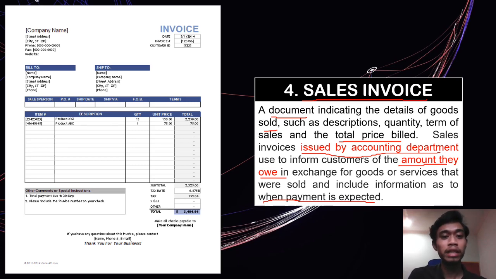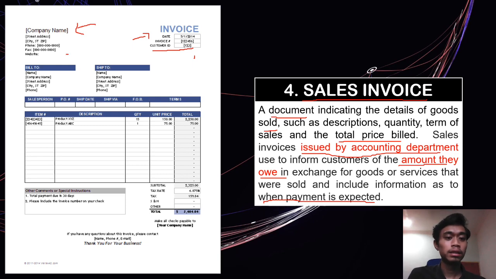Okay, so as we can see here, this is the sale invoice template, contoh kan. On top, we have the company name and company details, address, phone number, maybe email or website. On the top right side, we have the date, the invoice number and the customer ID. Maybe a new customer or existing customer, dia dah ada ID dia.